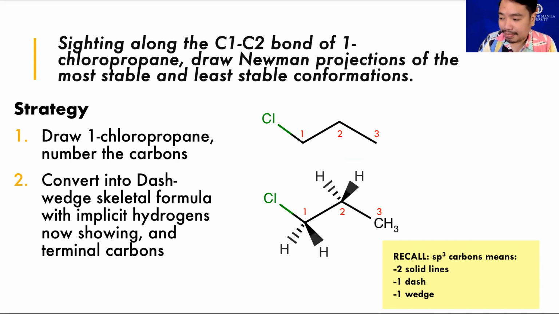Recall that again, an sp3 carbon or tetrahedral carbon is 2 solid lines, 1 dash, 1 wedge, and you have to make sure that it does reflect or look like a tetrahedral carbon.